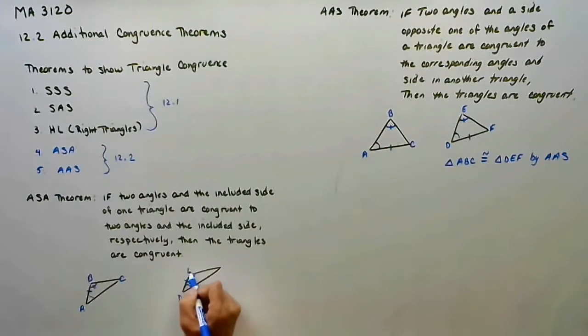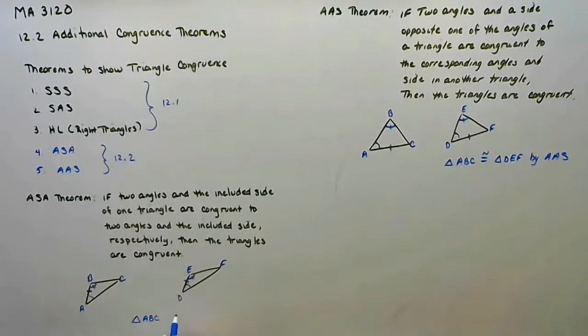D, E, F. So we could say triangle ABC. Remember, we write them in the corresponding same way. So A corresponds to D, B corresponds to E, and C with F. And we would say that these are congruent by the angle, side, angle congruence theorem.